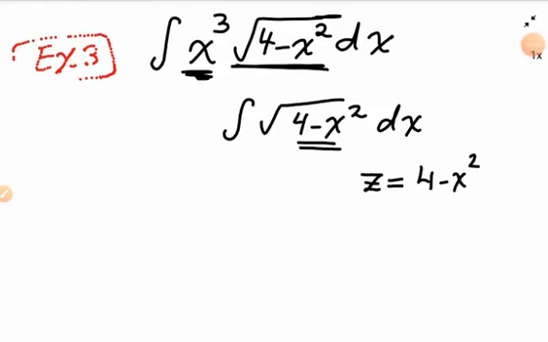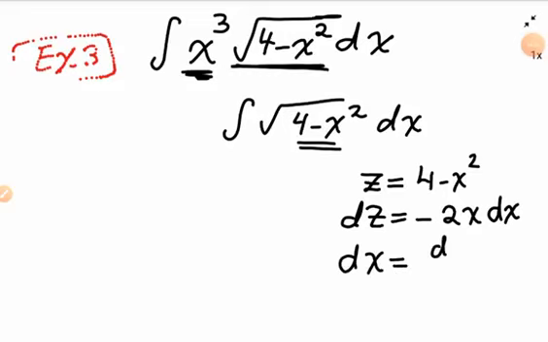Then you find the derivative, dz, which is negative 2x dx, and isolate the dx alone on one side. So dx is equal to dz over negative 2x, right?